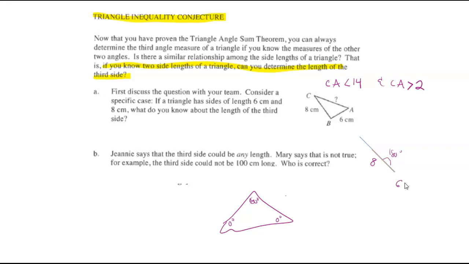Okay? So this triangle inequality conjecture, right? What we're trying to do is find two side lengths of a triangle, right? So I want you to write this down.